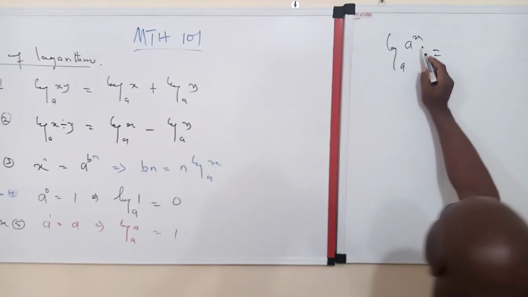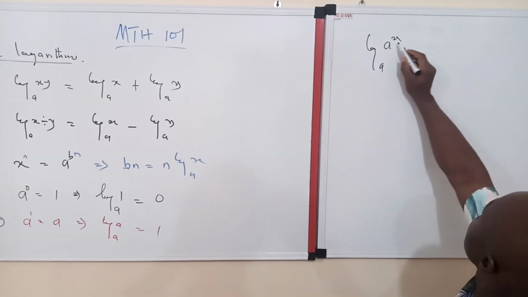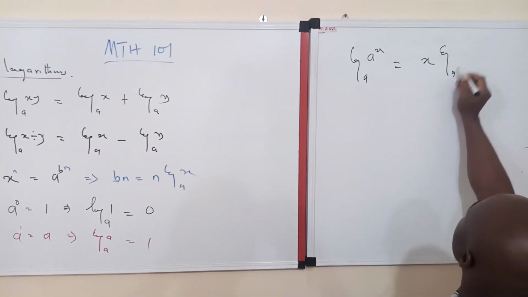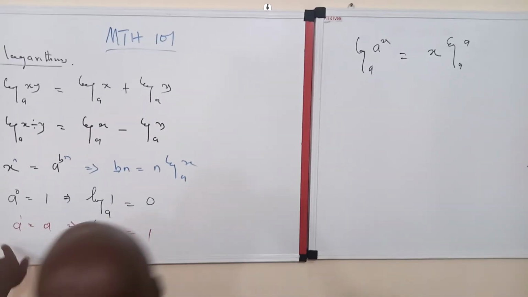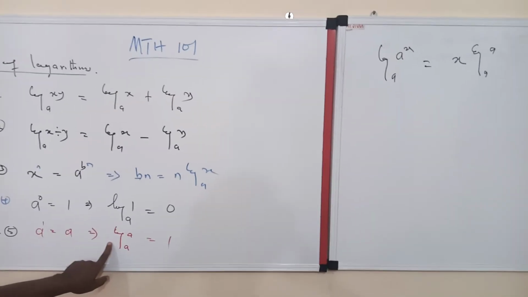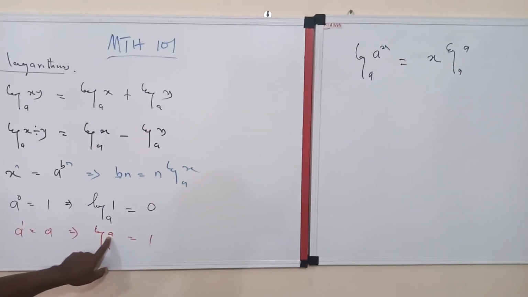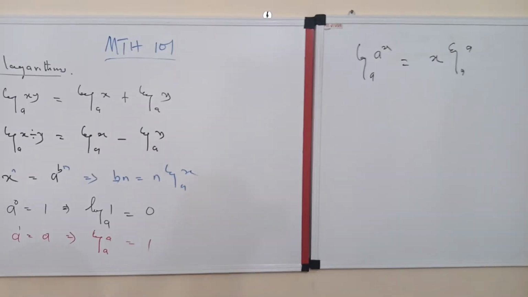So this expression can be rewritten as the product of that power, which is x, and log A of A. And we were told in case 5 that the log of a number where the number is the same as the base is 1.